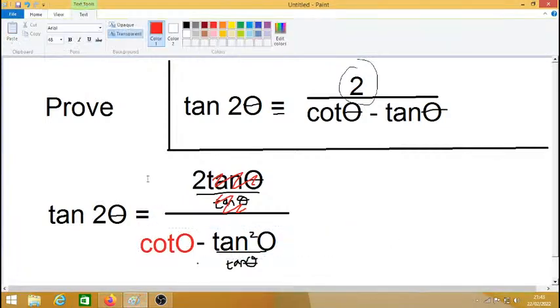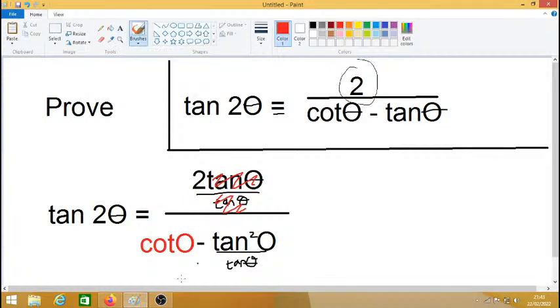And is there anything else that cancels out? Have a look. So you've got tan squared theta divided by tan theta. Tan squared theta means tan theta times tan theta, and I'm dividing by tan theta, so that's going to cancel. Not the complete thing, but instead of having two of them, I'm going to have just one of them now. So the squared can cancel with a tan theta.